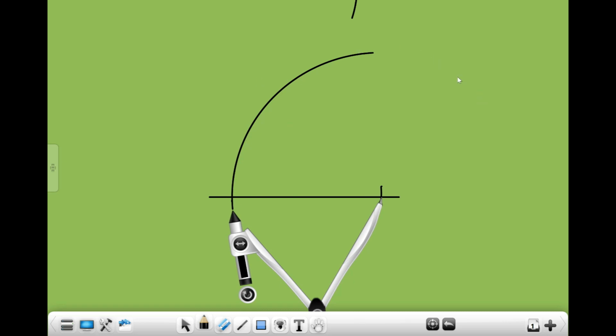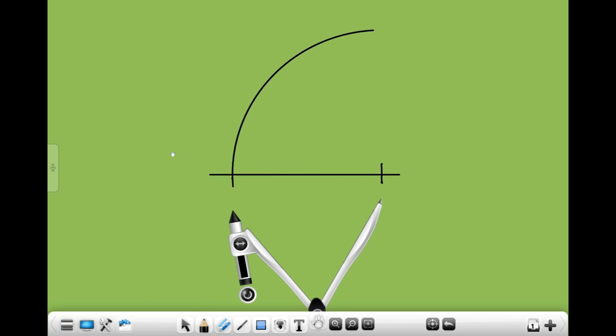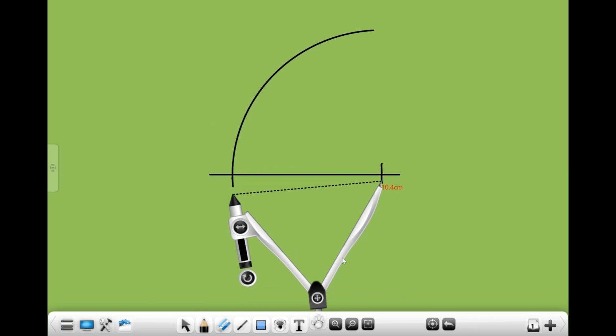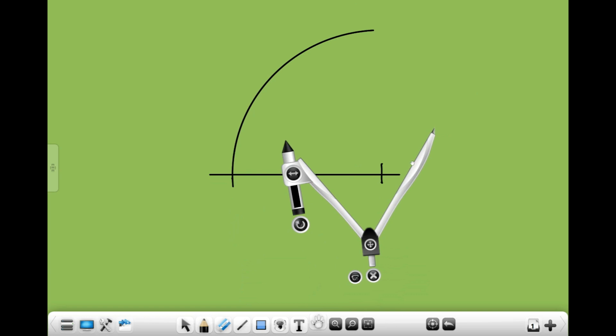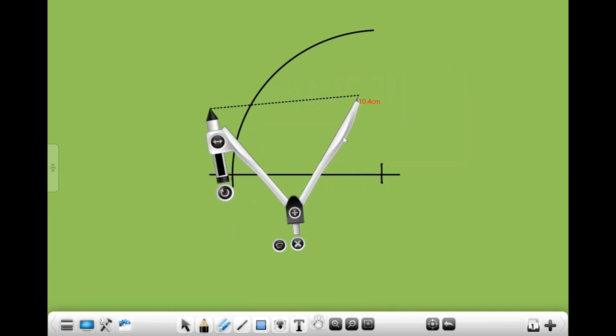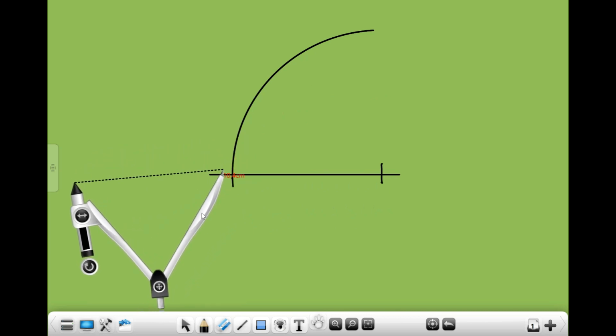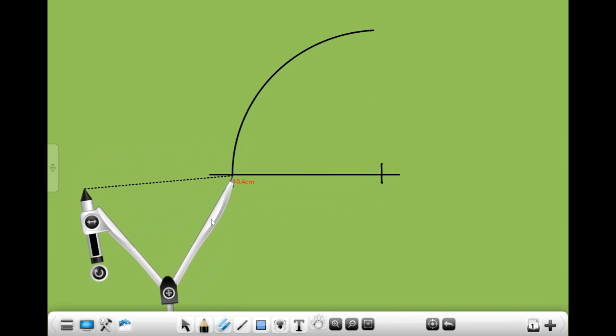So next thing, without altering the size of your compasses here, you see, the length of mine is 10.4 centimeters. I cannot change. Just move the sharp point to the point that we have just now, this one. Okay? Just move it here. Put it here on top of this point.